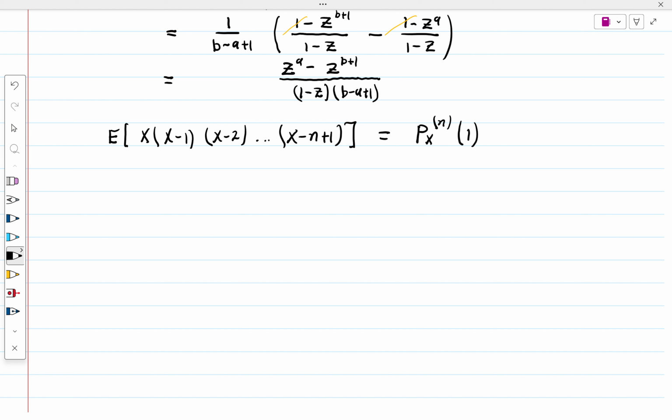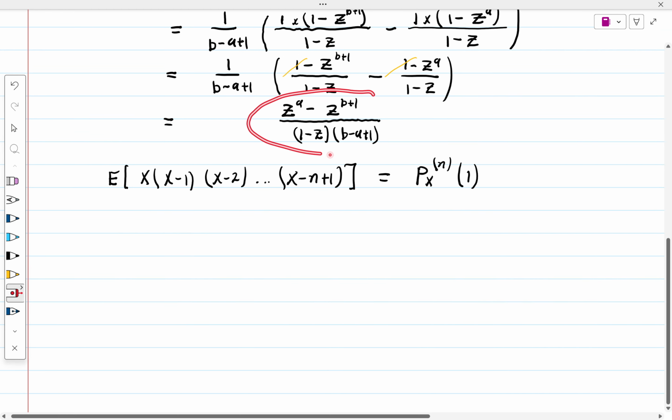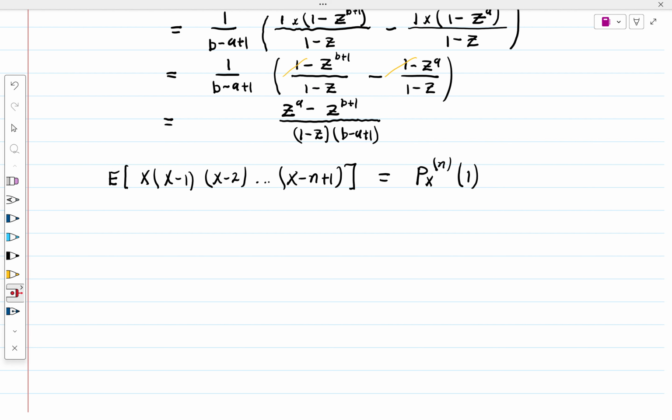But do keep in mind that for this particular expression here, it actually gets quite complicated. And so I'm not going to go through a full derivation of how we can get the expected value in this particular video, because you'll notice, and it's one of the unfortunate properties of this, if you do plug in a value of 1 into this expression, you get a denominator which is 0, and you get a numerator which is also 0.